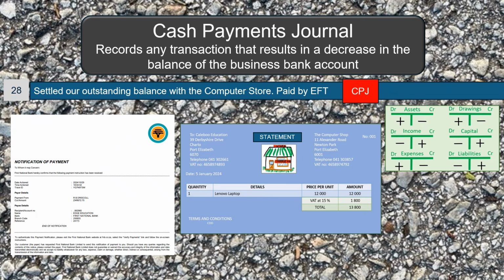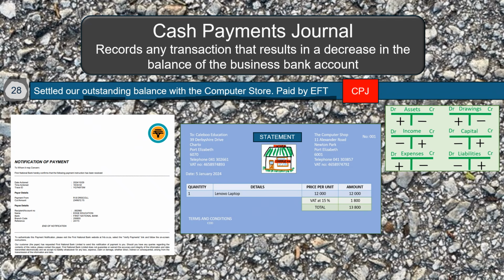Right, settled our outstanding balance with the computer store. Now we have an account with the computer store, so anything we've bought on credit we need to settle. And on the 28th of February we are now settling the amount owed to the computer store.